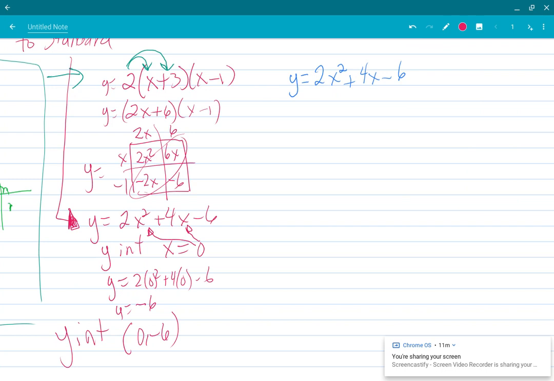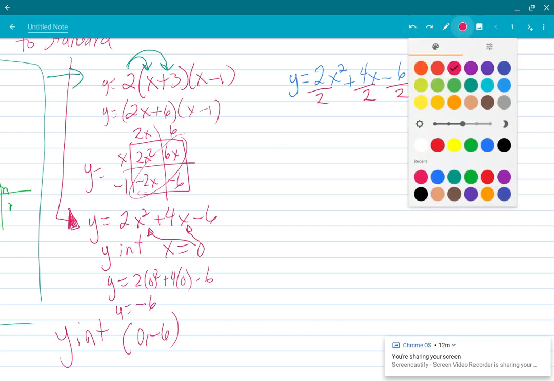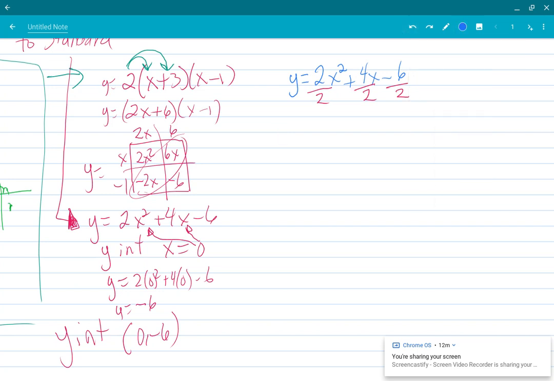How do I get rid of that 2? Okay. So my first thing is divide by 2, because you don't want to have a number in front.